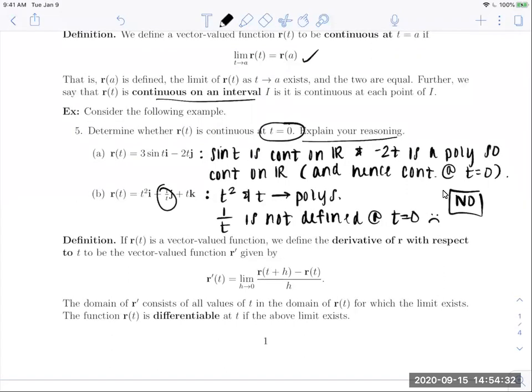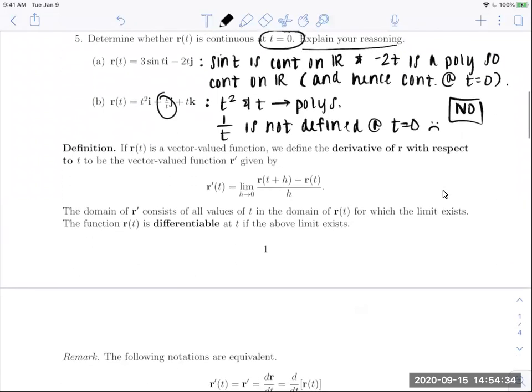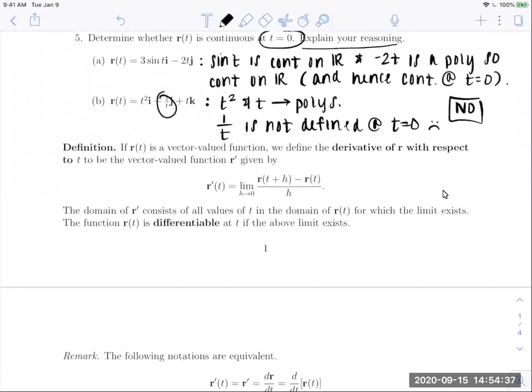All right, so moving on from limits and continuity, we want to talk about differentiability. So again, assuming r of t is a vector valued function, the derivative of r with respect to t is given by the limit as h approaches 0 of the difference quotient. So r of t plus h minus r of t divided by h. All right, the domain of the derivative is all the t values for which that limit holds up above.